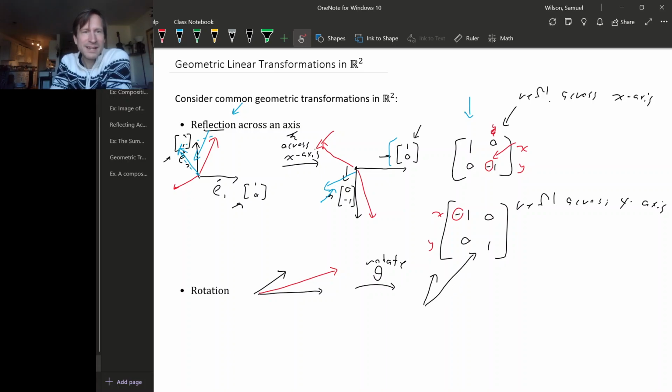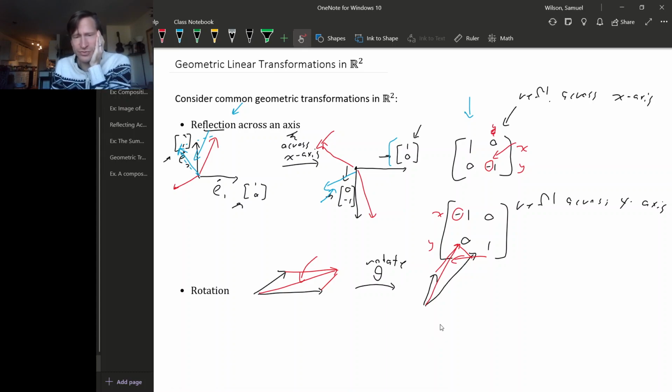But since all of these vectors are being rotated the same amount, the rotation of the sum is the same as the sum of the two rotations. So this is a linear transformation.